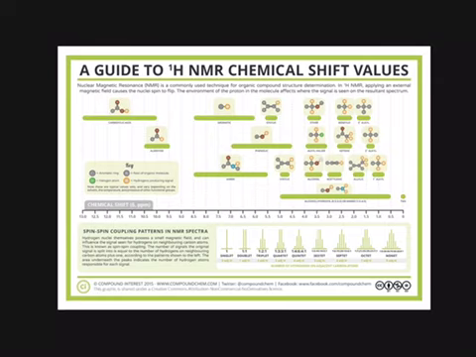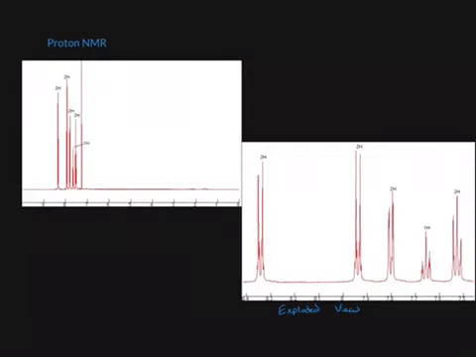This is a chemical shift guide for proton NMR, which we will be doing next. Now we are going to look at proton NMR. Over here on the left, we have our whole chart for NMR, and on the right is an exploded view of this region, just so we can see the splitting patterns between the hydrogens. We ignore this one large peak.